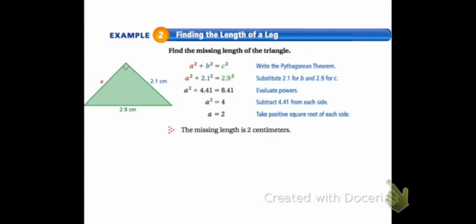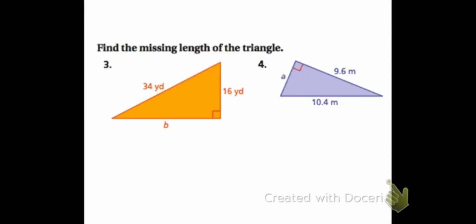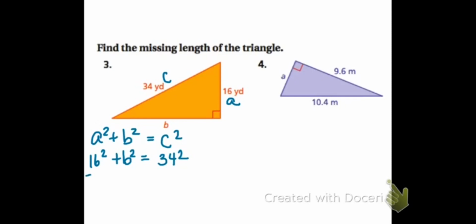We'll have a couple that we can try. Finding the missing side, again, making sure you know which sides are the legs and which side is the hypotenuse. So if you need to label them, because this one was already labeled b, we would have 16 squared plus b squared is equal to 34 squared.